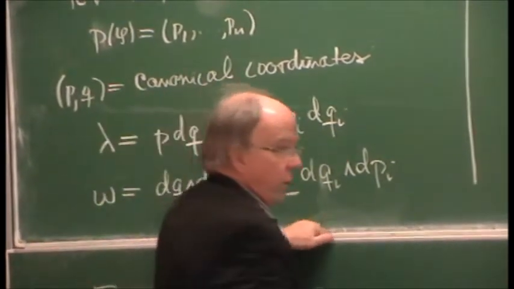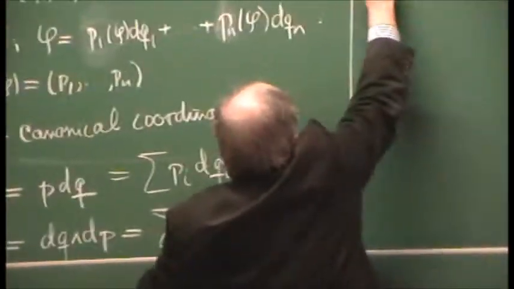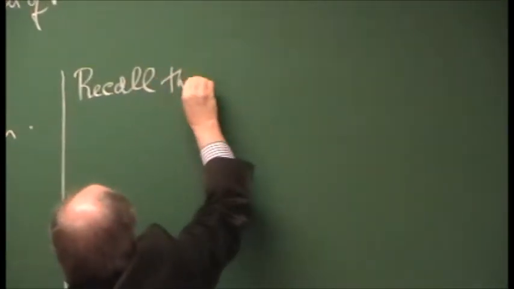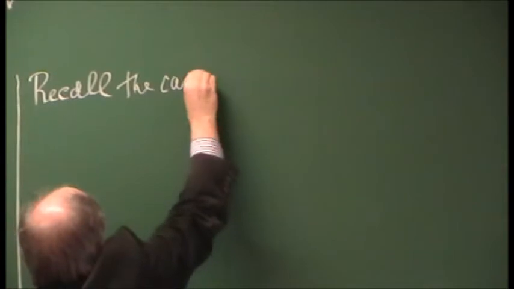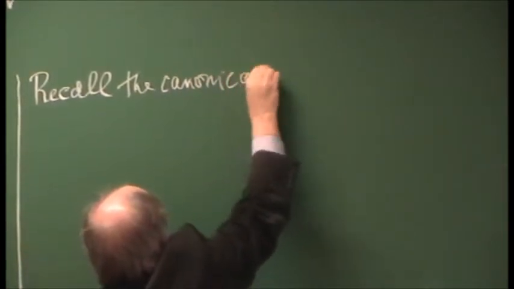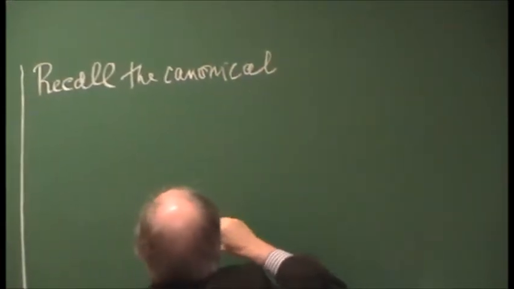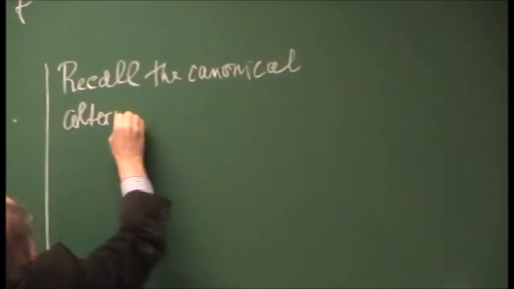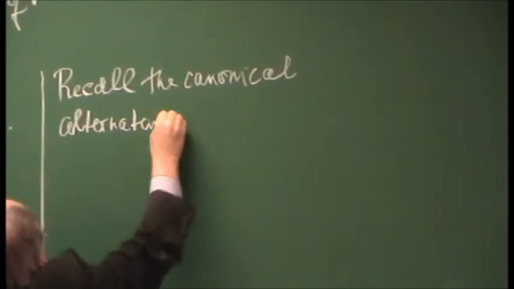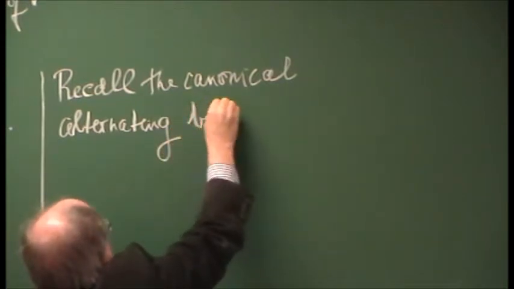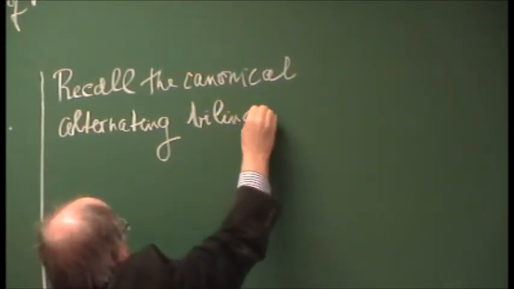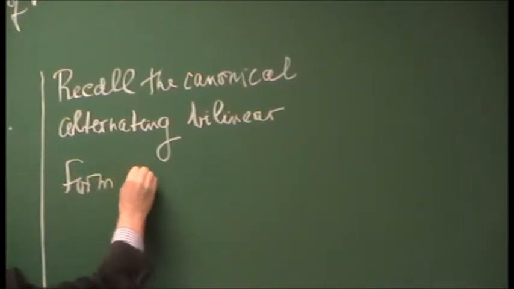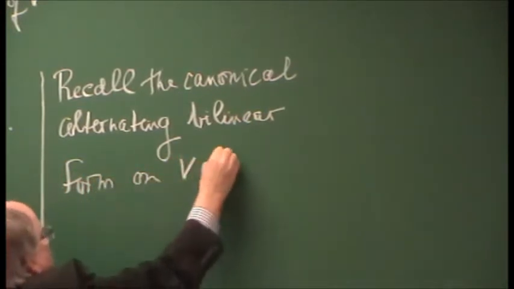Okay, now you recall the canonical alternating bilinear form on V plus V star.